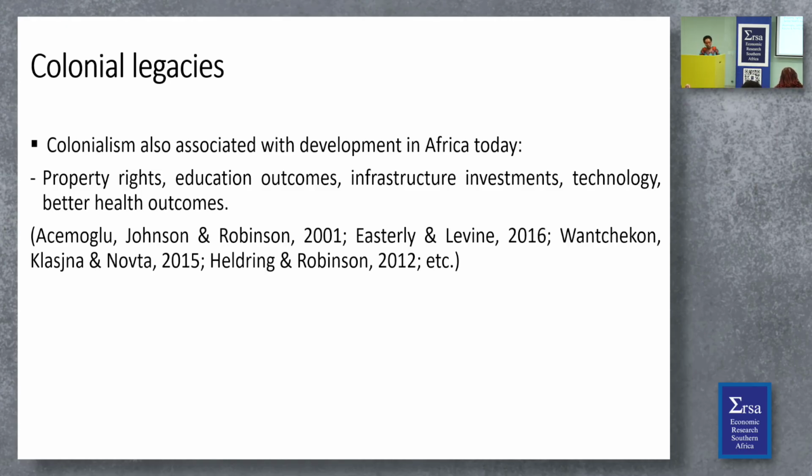Regions where Westerners settled invested in schools. They worked with the missionaries and invested in schools and clinics. These regions therefore have better human capital today, better infrastructure, better health outcomes, better property rights today, right?